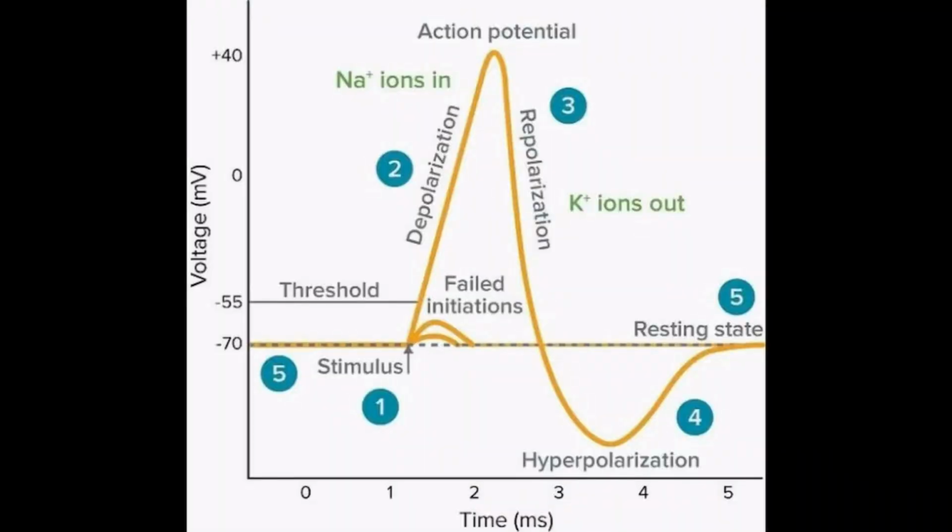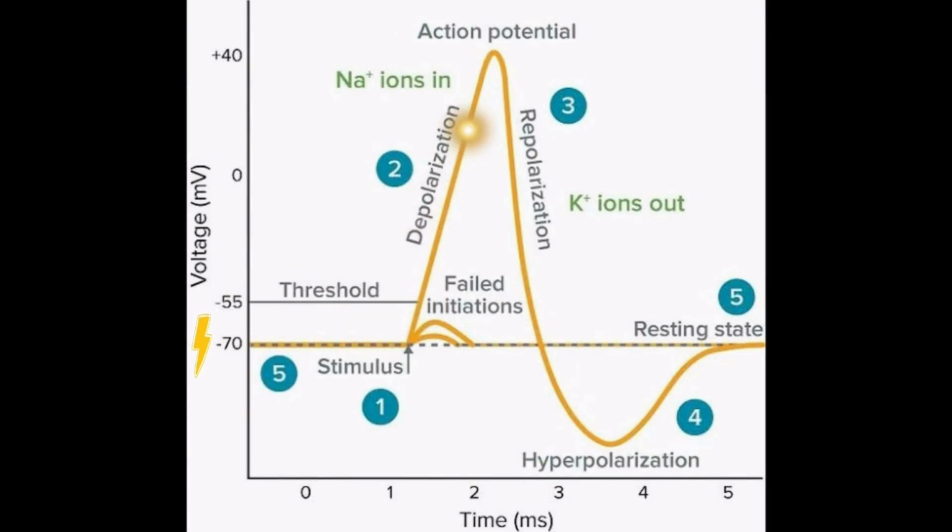This creates a chemical gradient, and the resting membrane potential is approximately minus 70 millivolts, indicating that the inside of the cell is less positive than the outside. A tiny shock can trigger a graded potential. Most of this can only trigger an action potential if the stimulus is strong enough to reach the threshold level, which is minus 55 millivolts.